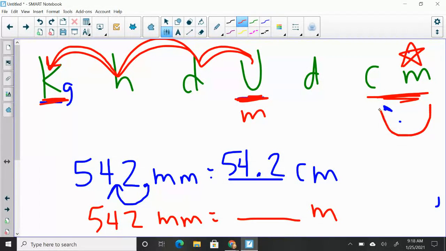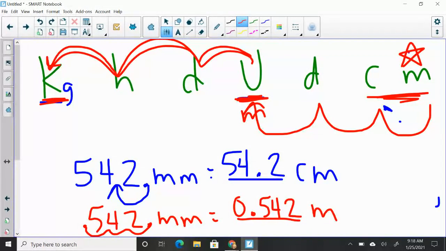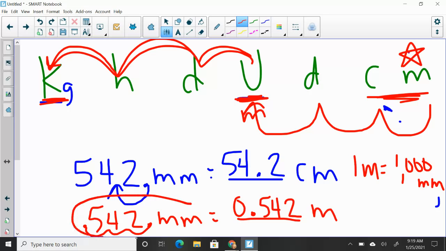So I'm going to go 1, 2, 3 spots to the left, and that would equal 542 thousandths of a meter. Okay, that's about a half a meter. If you think about that, 1 meter equals 1,000 millimeters. Well, if I only have 542 millimeters, that's not even a whole entire meter. Okay, that's going to be about half of a meter, which this is about half of a meter.